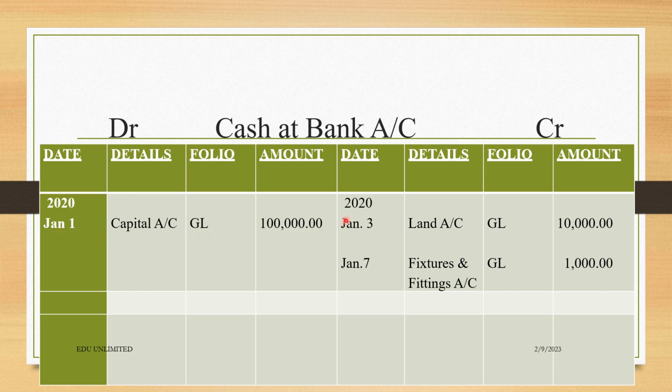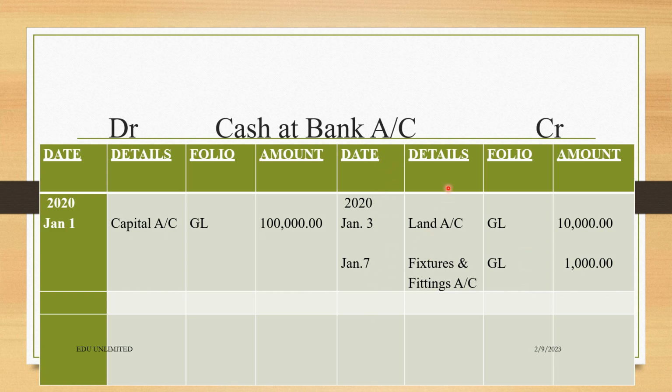But on the credit side, to decrease an asset, we credit, so that we spent money out of this 100,000. We spent 10,000 to purchase land, and on January 7, we purchased fixtures and fittings for $1,000. The folio being general ledger for both of them, and the date is also important.